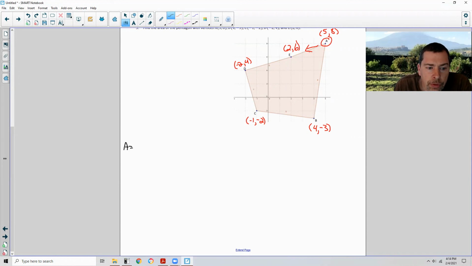Area equals 1/2. I am not going to take the time to write the formula. I start with x1, 5, times the next y, which is 6, plus 2 times the next y, 4, plus x, -2, times the next y, -2, plus the next x, which is -1, times y from over here, -3.